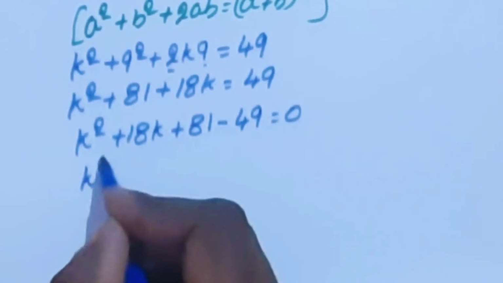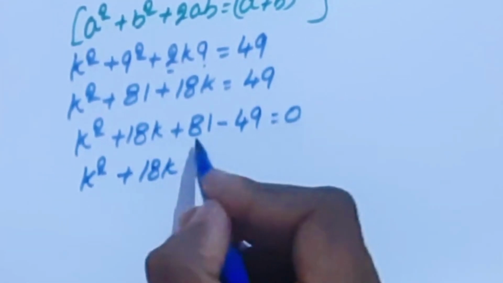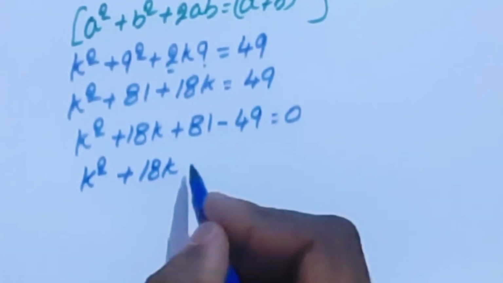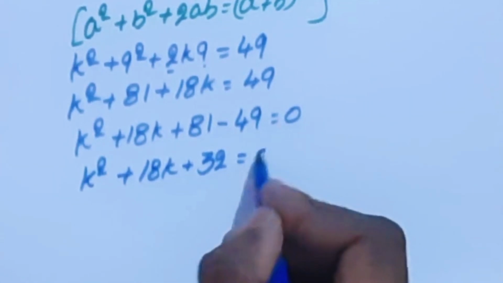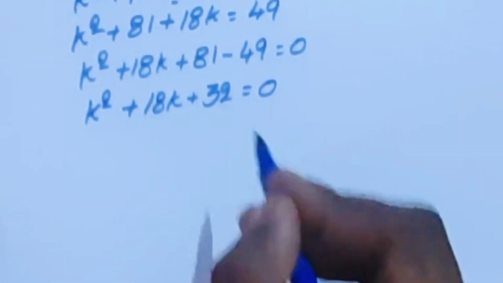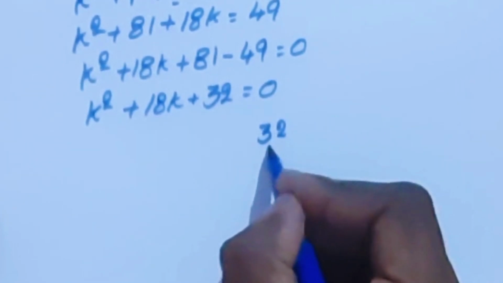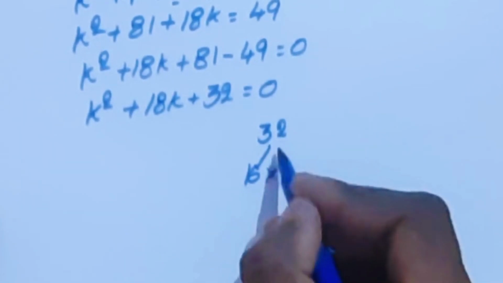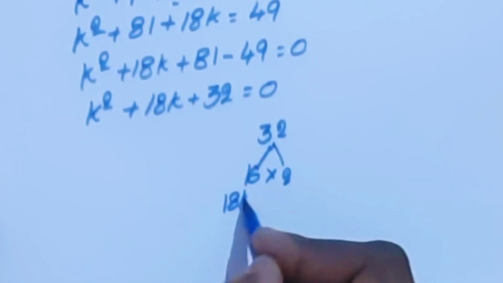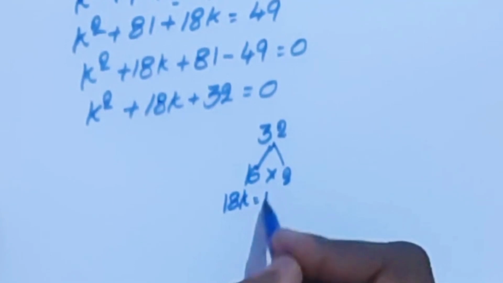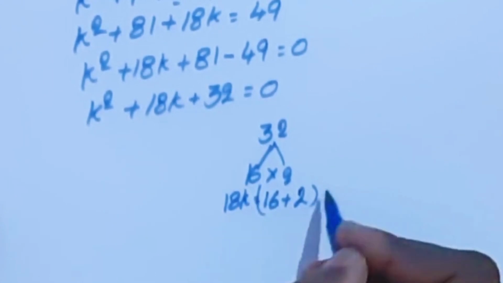Now k^2 + 18k + 32 equal to 0. Now 32 can be written as 16 times 2. In the same way, 18k can be written as 16k plus 2k.